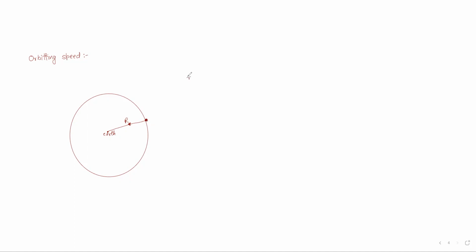So we can simply say that the gravitational pull is providing us the centripetal force. And now we can say that it's simply mg, where m is the mass of the object and g is the acceleration due to gravity. On the other side is m, the mass of the object, and then we can substitute the value of acceleration, v square by r.